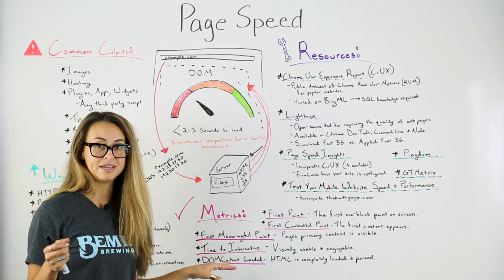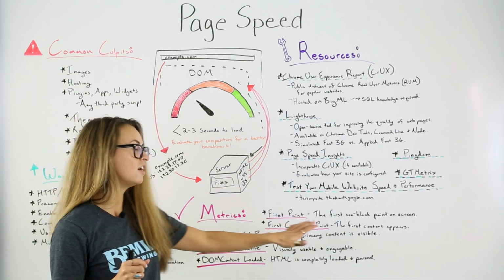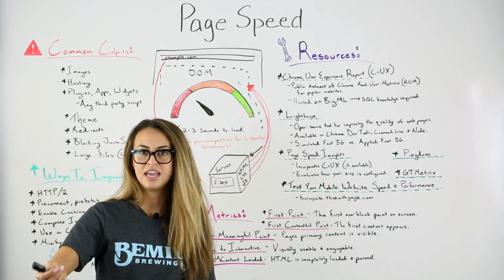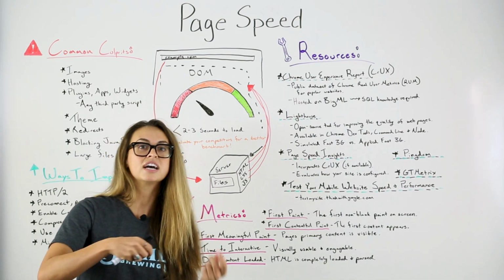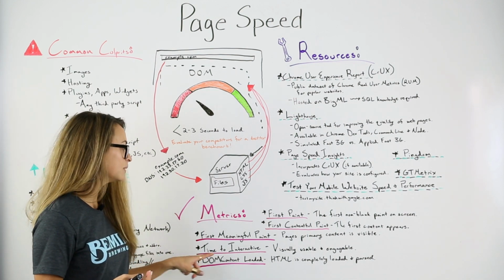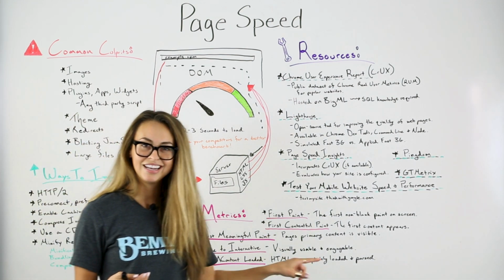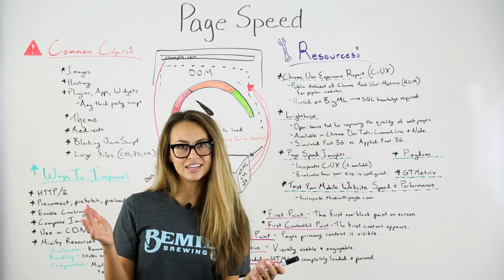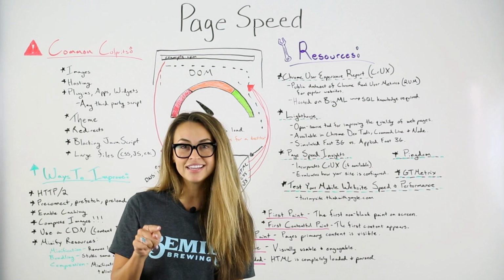First meaningful paint is when primary content is visible, when you sort of get that reaction of, oh yeah, this is what I came to this page for. That's first meaningful paint. Time to interactive is when it's visually usable and engageable. So we've all gone to a web page and it looks like it's done, but we can't quite use it yet.